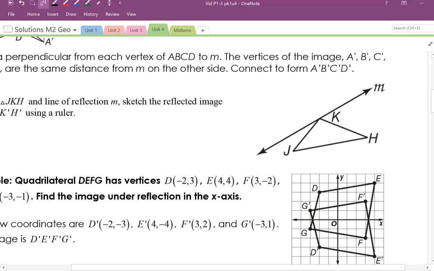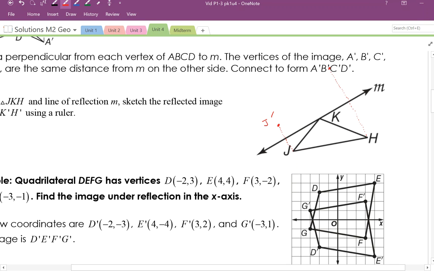So what I'm going to do is imagine drawing perpendicular lines from each point of JKH to line M. And I'm going to continue my perpendicular line, and then imagine that if I drew a point on the same line equal distances away from line M, that would be J apostrophe, or the reflection of point J. If I do the same thing for point H, imagine again drawing a perpendicular line from point H to line M, and then extending that line through to the other side.